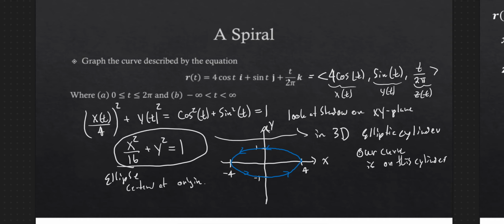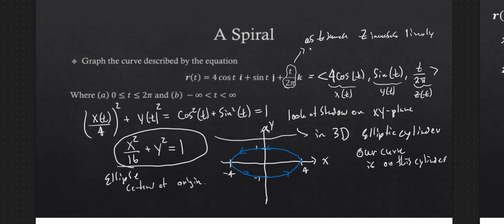Now I can investigate my z component. Notice my z component is just t over 2 pi. So this is increasing linearly with t, scaled a bit by my parameter. As t increases, z increases linearly.